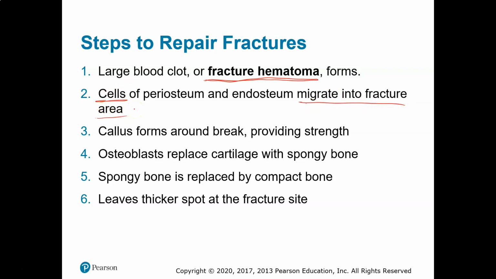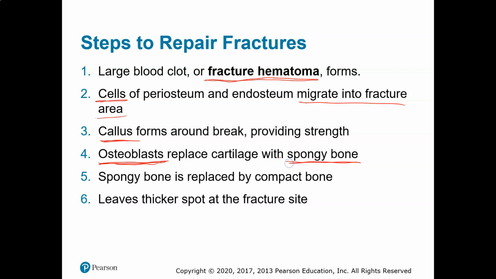And then a callus forms around the break, and that provides strength. So the area where the break occurs will have a callus, and it will be kind of enlarged. Then the cells that we learned about called osteoblasts will begin to replace cartilage with spongy bone.